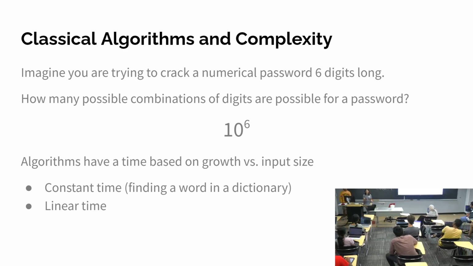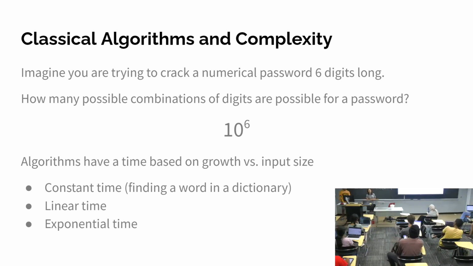So you'll get 700, but it'll take you 3 operations because you're adding the zeros, and then 3 and 4. And then exponential time is something like the 10 to the 6th problem, where each digit can be a possibility of 10 different ones, but then you have to try every single combination inside that. So that scales up very quickly based on the number of digits that you have.